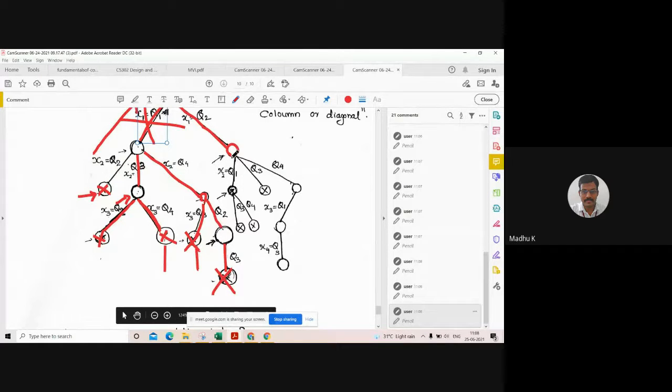From that I can fill the second column with Q1, Q3 and Q4. So first I try this one.